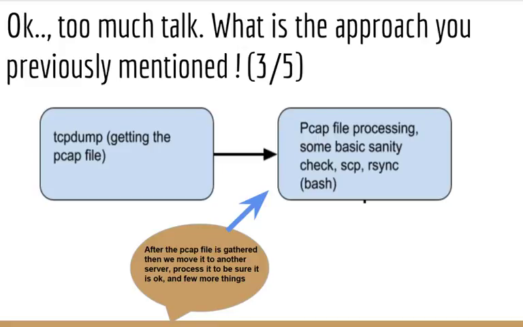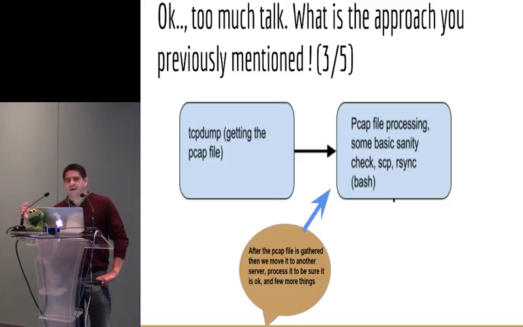Then the second step is obviously to process this pcap file. We are doing it basically with Python. We are using a library called PyShark, and it allows us to read the pcap and extract the information obtained on it. We are also using bash to eliminate duplicate IPv6 addresses, and much more.